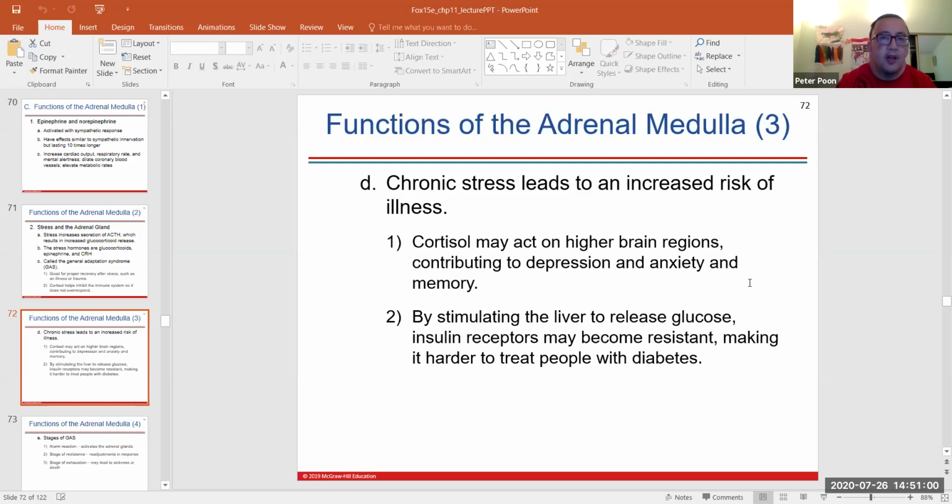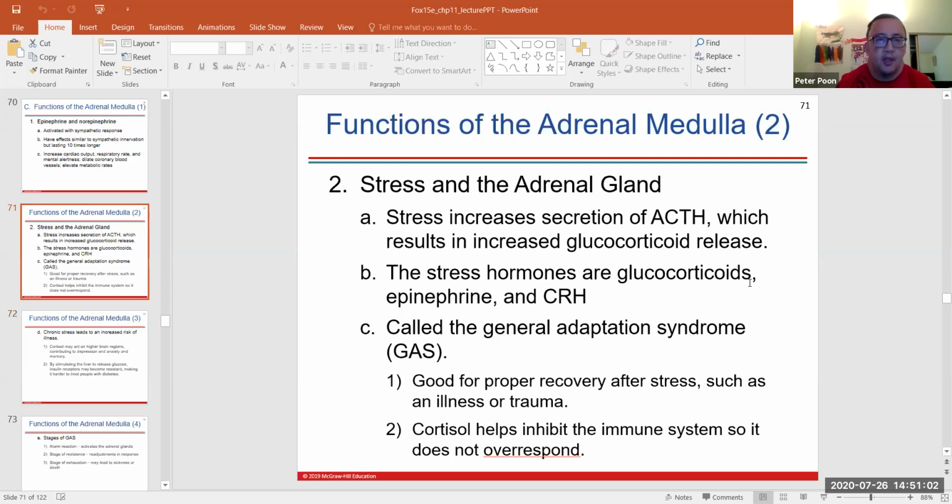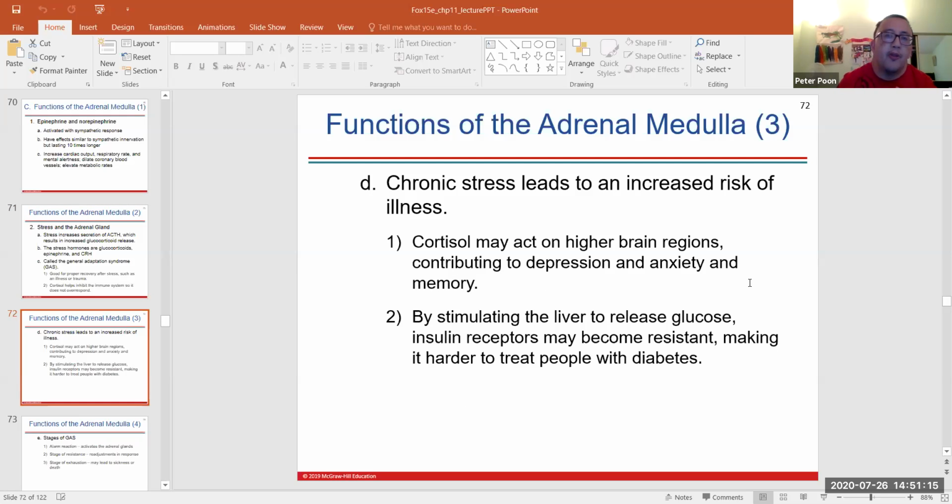The whole adrenal medulla response is good for long-term stress if you break your arm. It's not good if you're dealing with losing a job or those types of things, because the cortisol contributes to depression, anxiety, and memory problems.